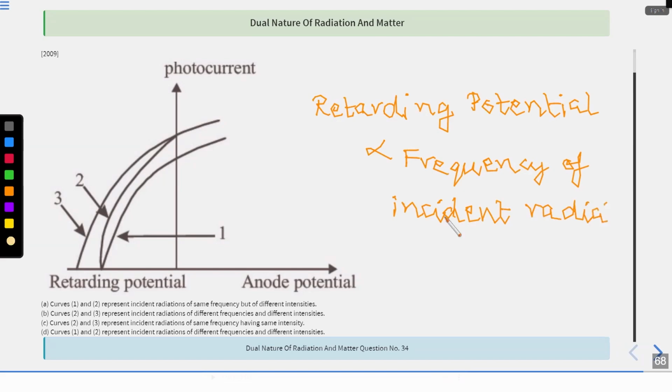If this was the number of photons, then we could have taken the intensity into consideration, but it is about retarding potential. So therefore, we can tell that it is independent of intensity.